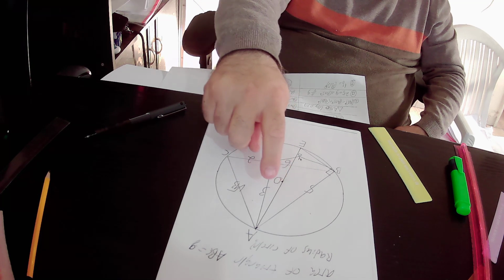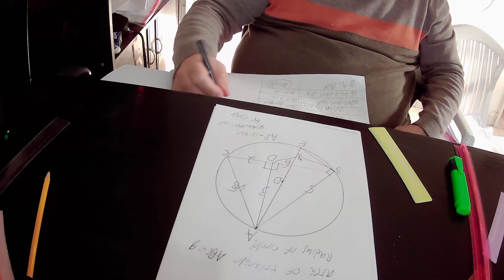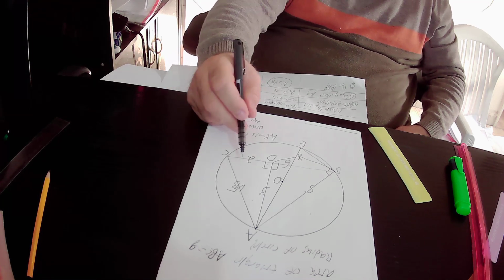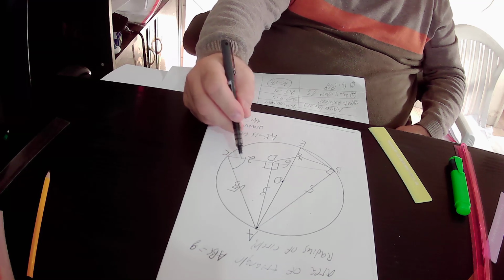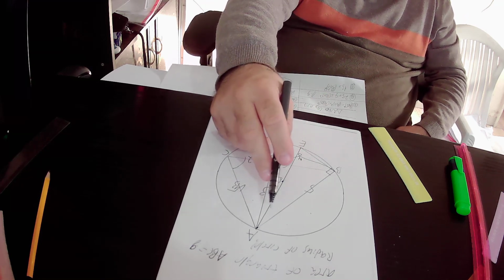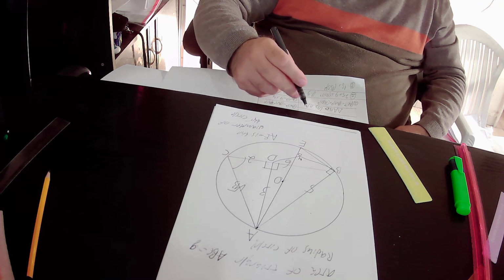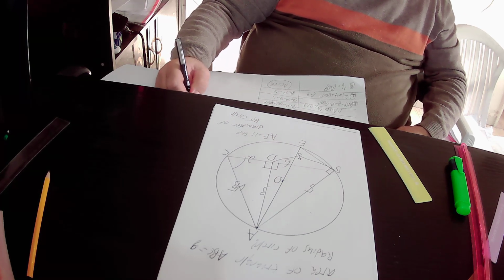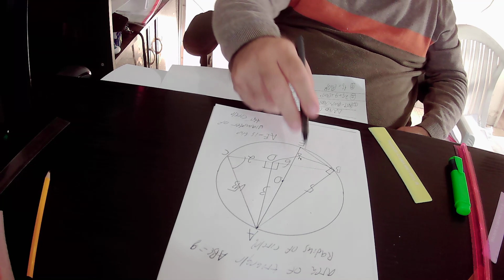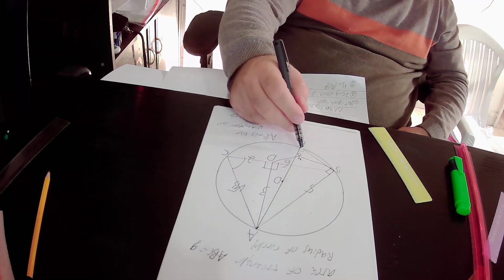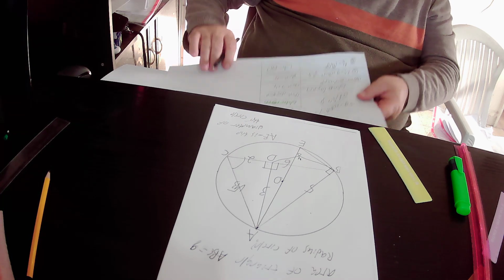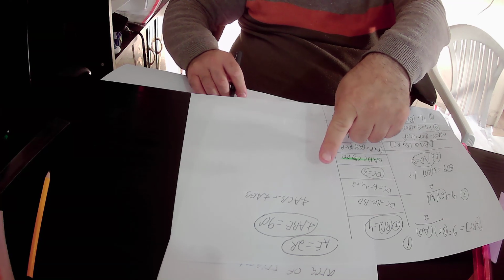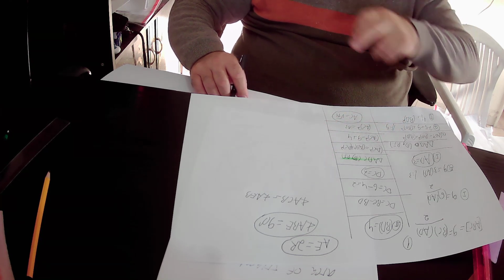That is to say, this angle ACB rests on chord AB, and here angle AEB rests also on the same chord AB. Therefore, according to the rule that peripheral angles that rest on the same chord are equal to each other, angle ACB equals angle AEB.